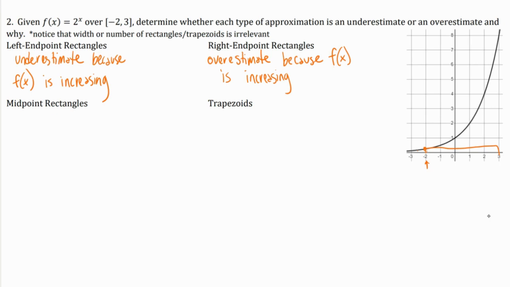Okay. So midpoint rectangles and trapezoids are similar but slightly different here. With a midpoint rectangle, let's figure this out. I'm going to go about halfway to find my midpoint rectangle, so that's going to be right about here. It's kind of hard to see, but again, that's why we want it to be really obvious with just one rectangle.